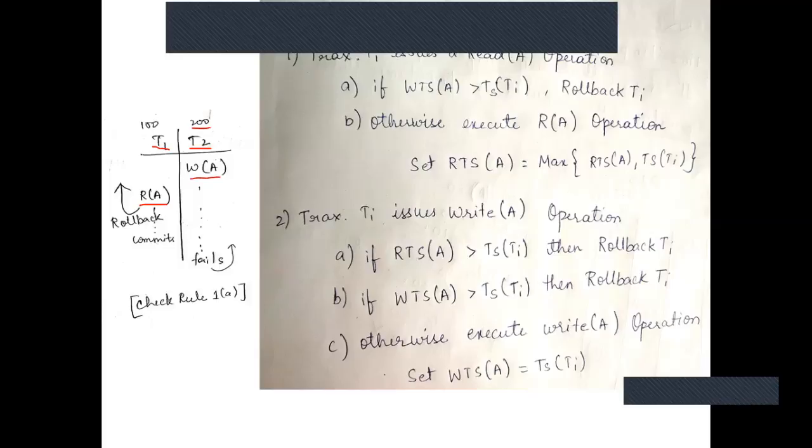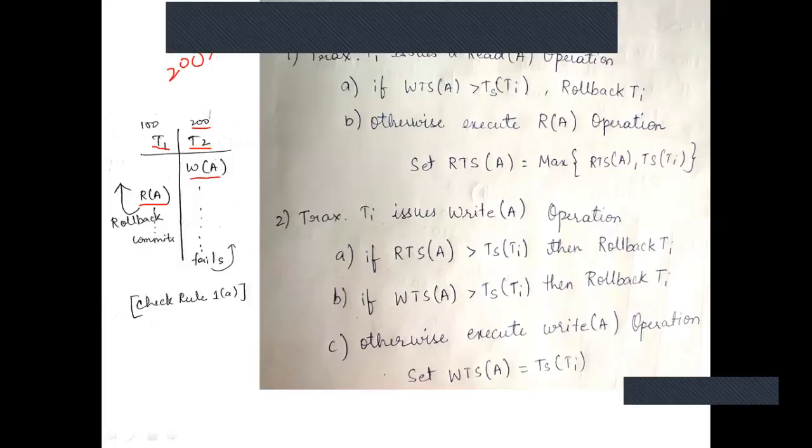Now here, let us go once again. T2 is performing write of A, so the WTS value becomes 200. And TS of T1 is 100. So 200 is greater than 100, right? Yes.